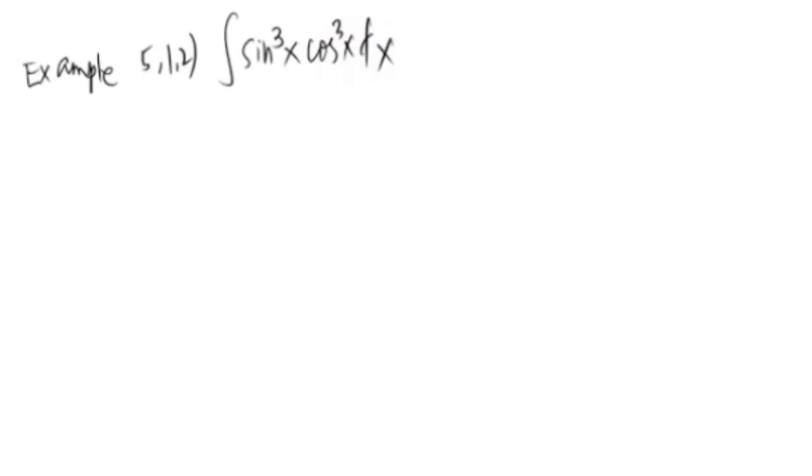Sa example 5.1, yung exponent ng cosine yung odd, and example 5.1.1, yung exponent naman ng sine yung odd. So what if parehong odd integer yung nandito? So meaning, magkakaroon tayo ng dalawang sagot.